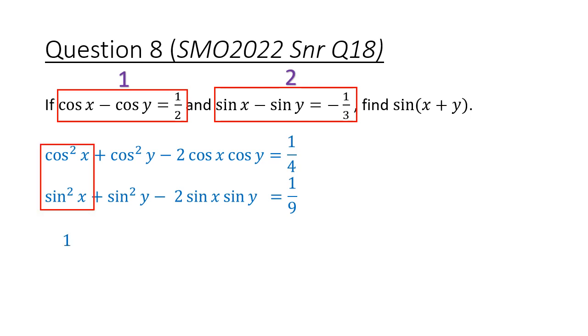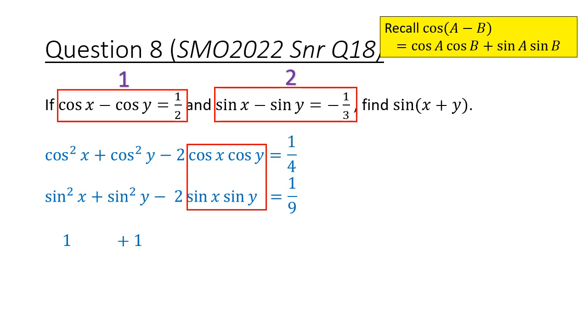Notice that cos square x plus sine square x equals 1. Cos square y plus sine square y also equals 1. And when we add these two together, we can use the addition angle formula for cosine: cos (a minus b) equals cos a cos b plus sine a sine b. So when we're adding these two together, we're going to get cosine (x minus y).